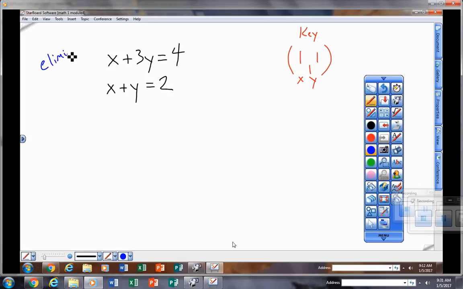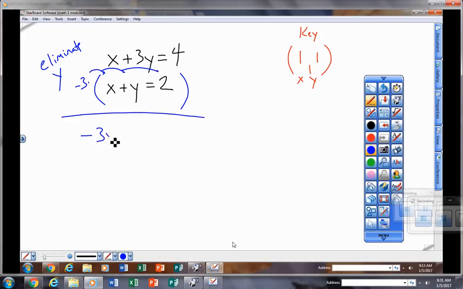So that tells me I need to multiply that whole bottom row by negative 3. That will get the y terms to cancel like I want. So if I multiply everything by negative 3 all the way through, triple distribute, I will get negative 3x minus 3y equals negative 6. Take that first equation as is, stack it right underneath.